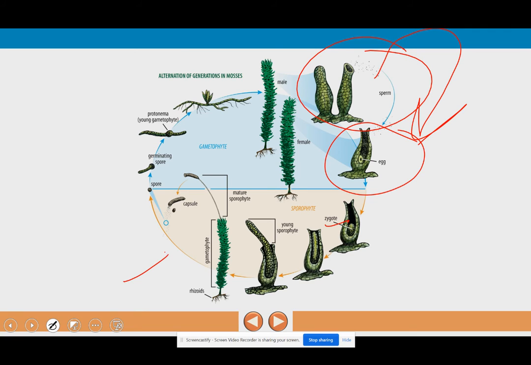You don't see this for that long on our moss, but you get this little sporophyte stage, which produces spores. Those spores will then be released and they will germinate, and that spore is basically going to grow up and become these leafy shoots, which is what we know and see as the moss.